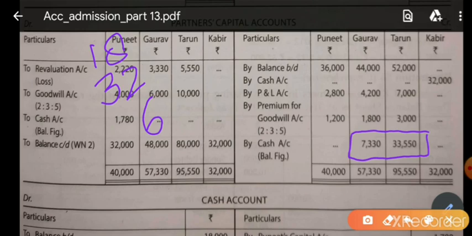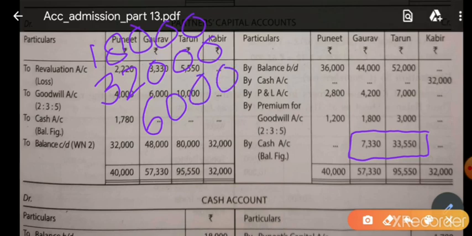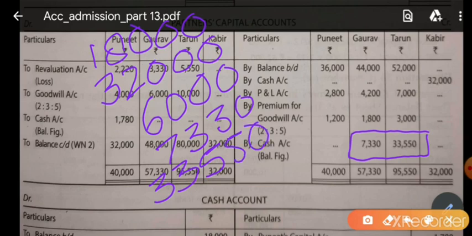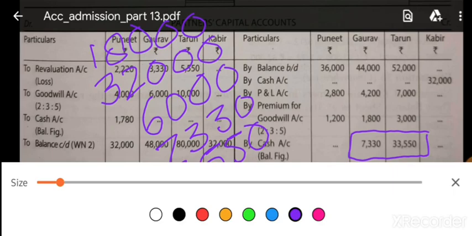So first the amount was 18,000, next 32,000, then 6,000, plus Gaurav has contributed 7,330, plus Tarun has contributed 33,550, and minus one partner has taken out some money also.